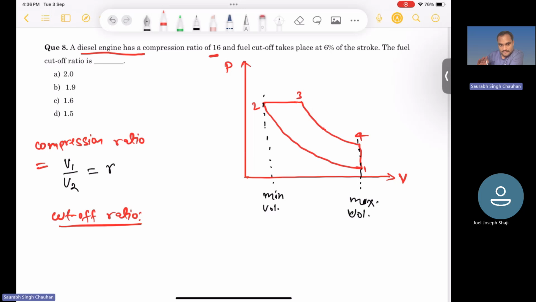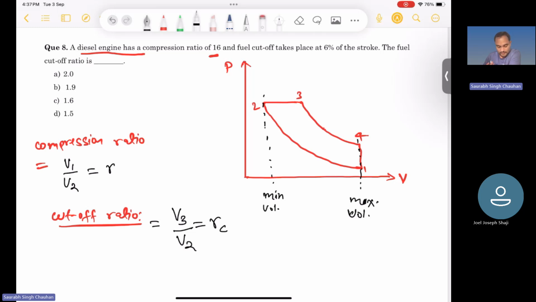Combustion is ending at point 3, so after the combustion the volume is V3, and before combustion starts it was V2. So V3 by V2, this is our cutoff ratio. Let us write it as RC. So I hope the terms are clear.